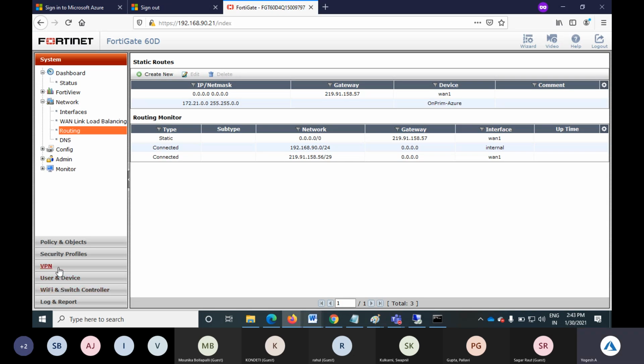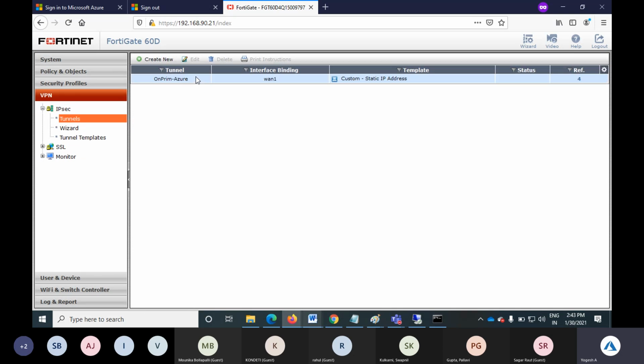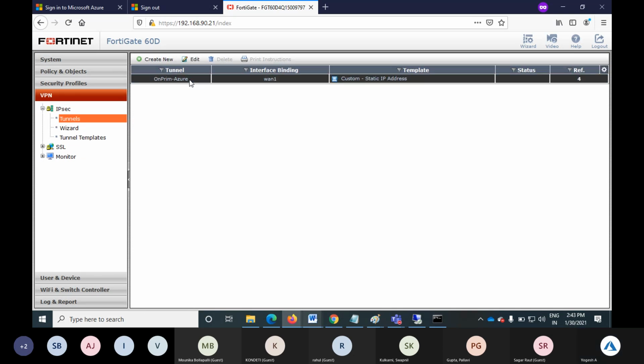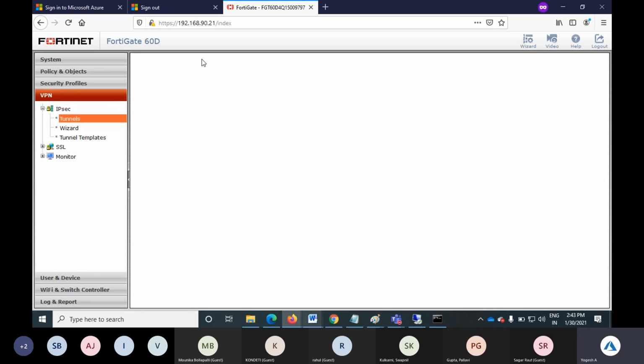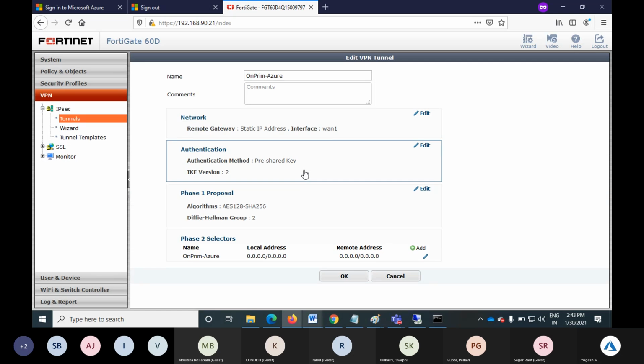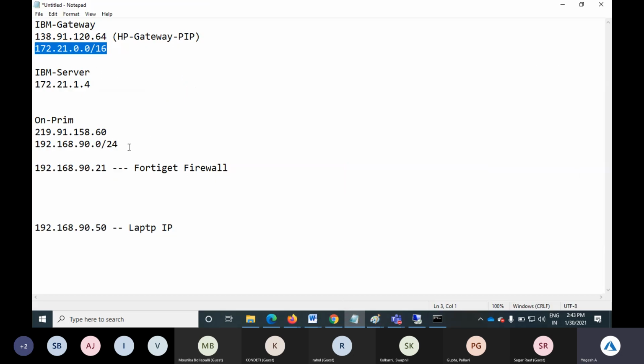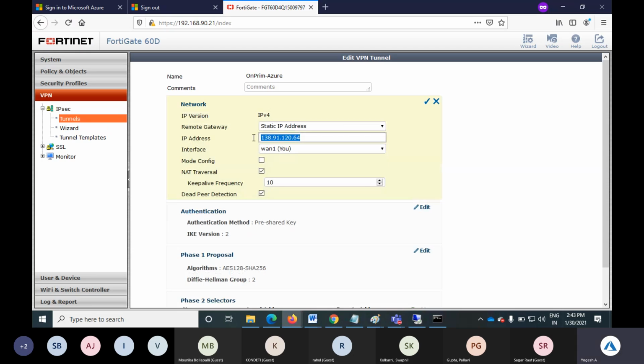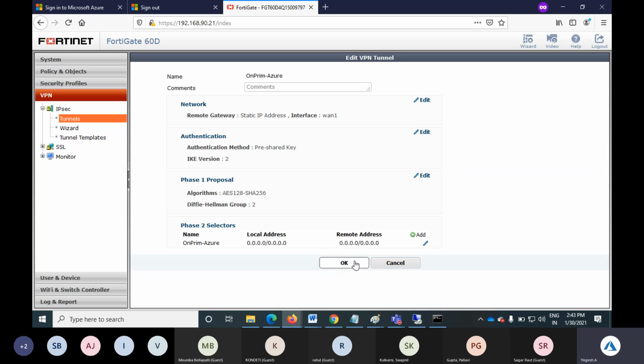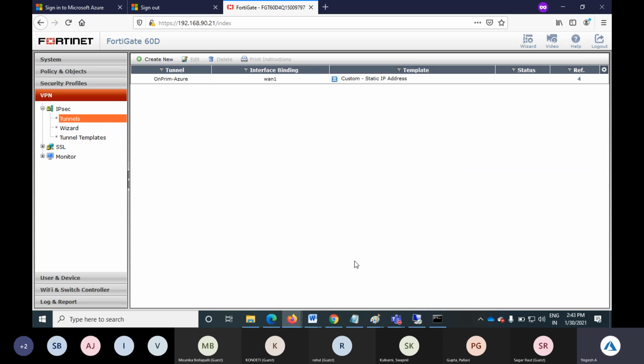Let me check the policies once again and the VPN connection as well. No, it should be on-prem, right? It should be 60. Sorry, it should be 60.